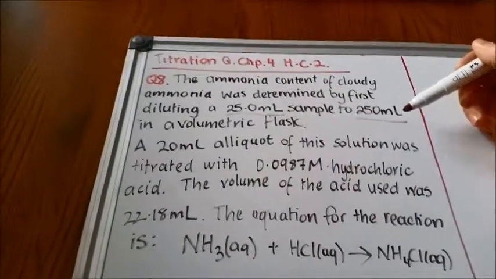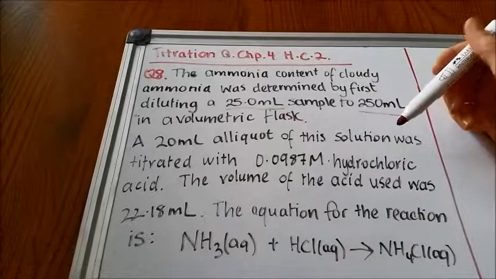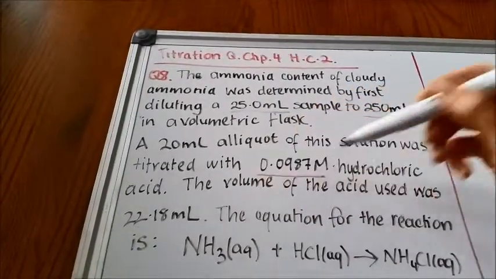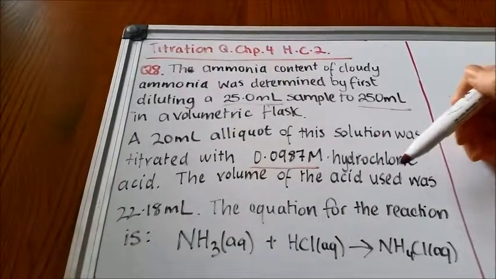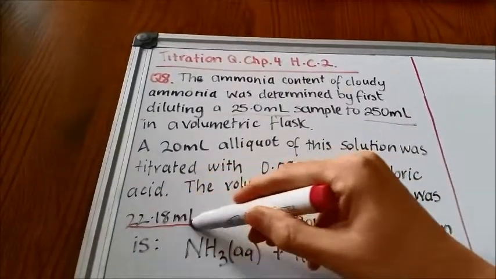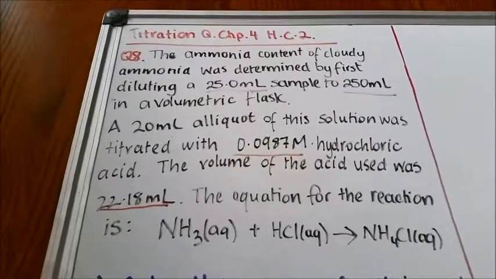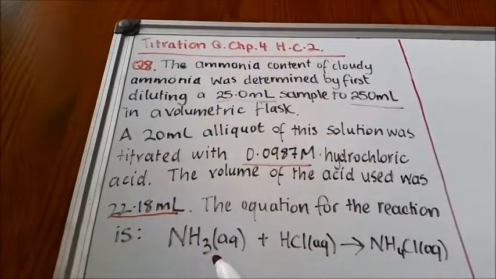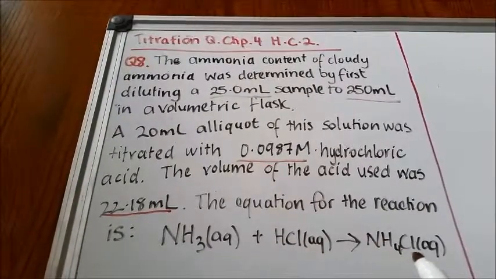We then go on to say that a 20 ml aliquot of this solution was titrated with 0.0987 molar hydrochloric acid. The volume of the acid used was 22.18 mL. The equation for the reaction is, we've got our NH3 reacting with our hydrochloric acid to give our ammonium chloride.